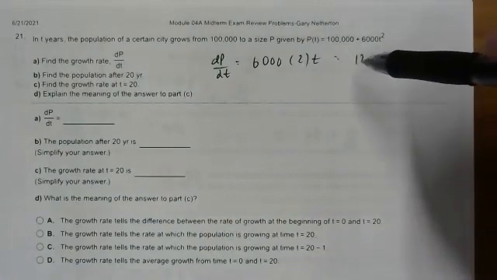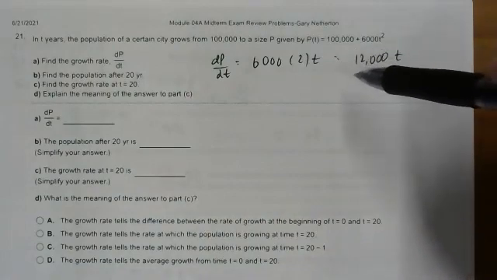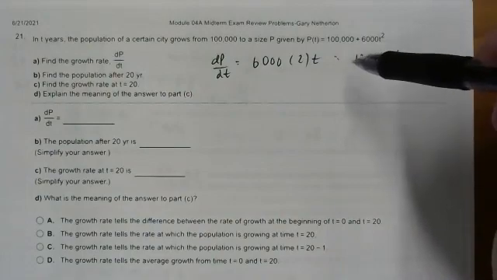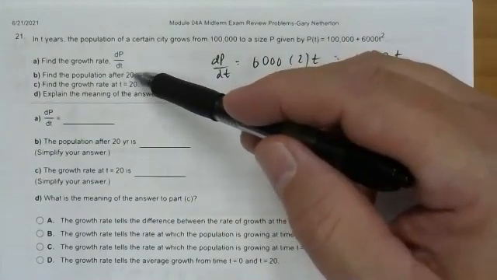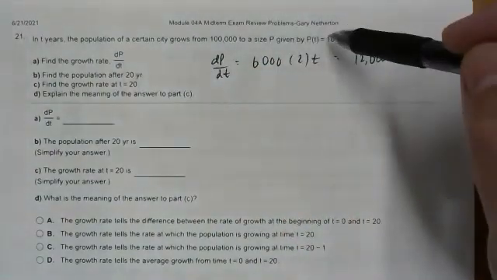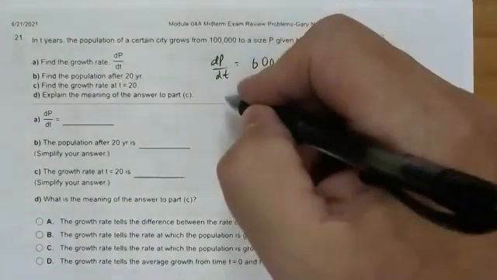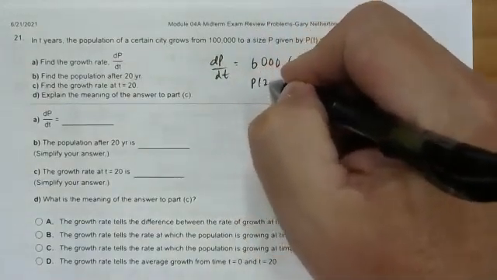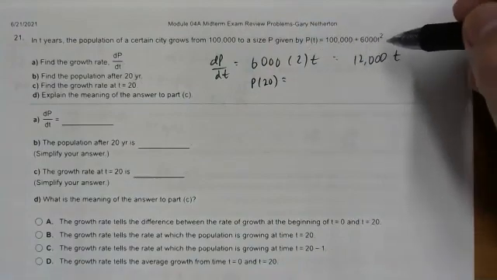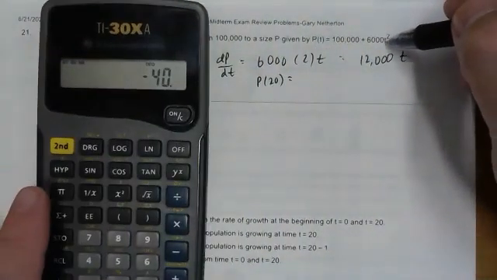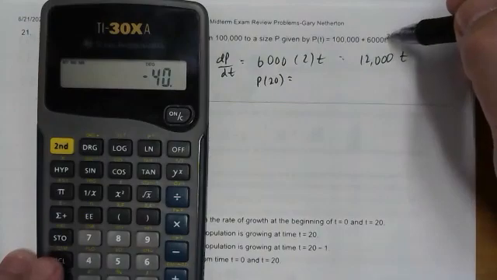Check my answer. Yep. So part B says find the population after 20 years. So that goes back to the original equation. Population after 20 years means you plug in 20 for t and then do the math. You plug in 20 for t here, and 20 squared gives you 400.